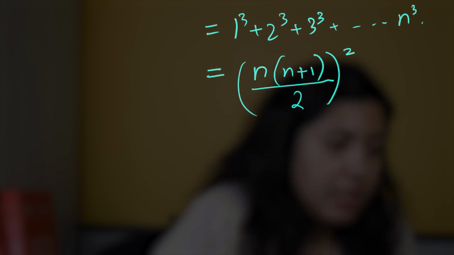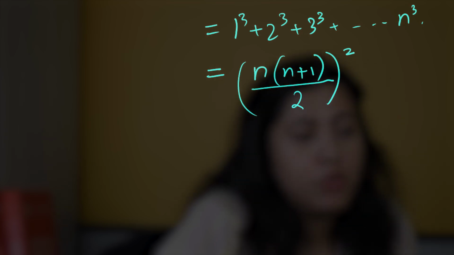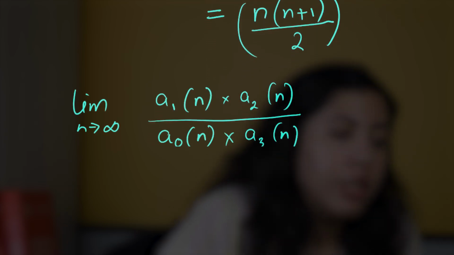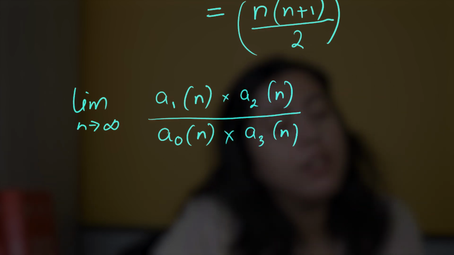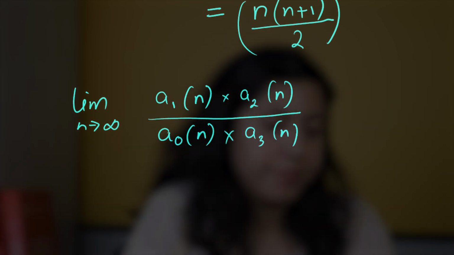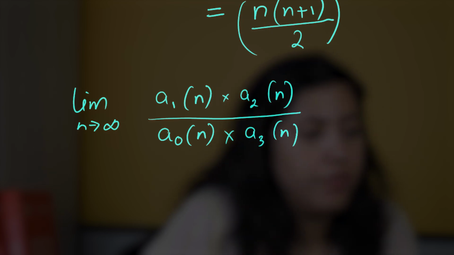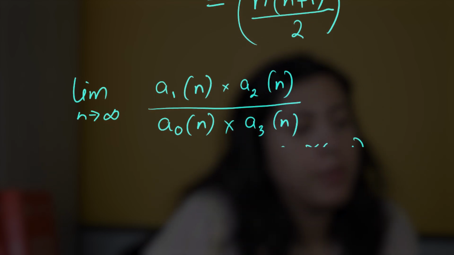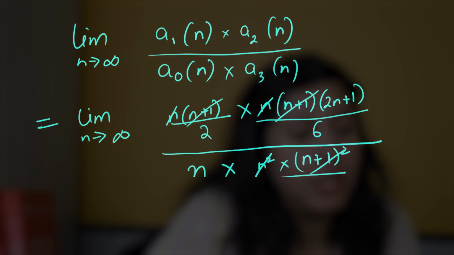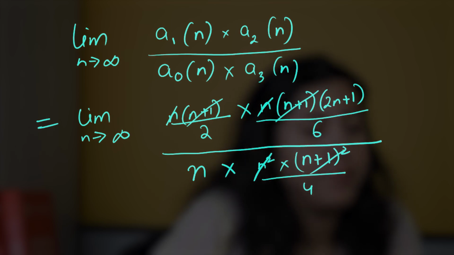Now just substitute these values in our limit. Limit n tends to infinity of a1n into a2n divided by a0n into a3n.